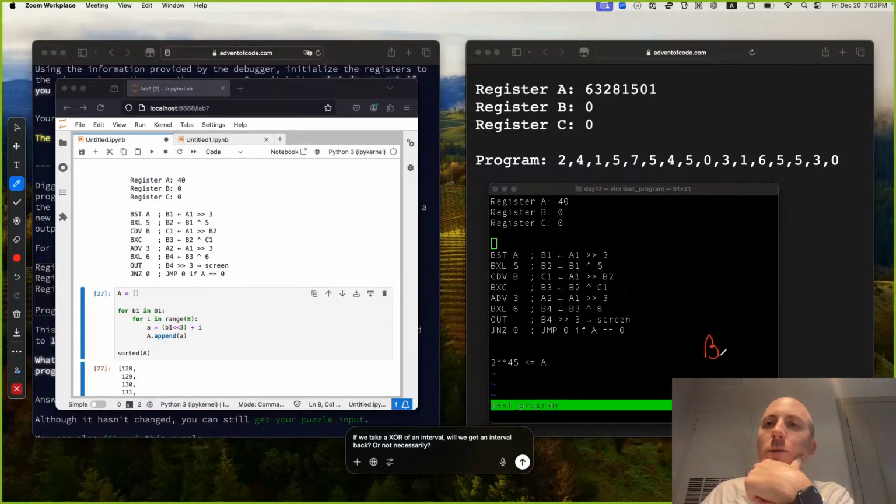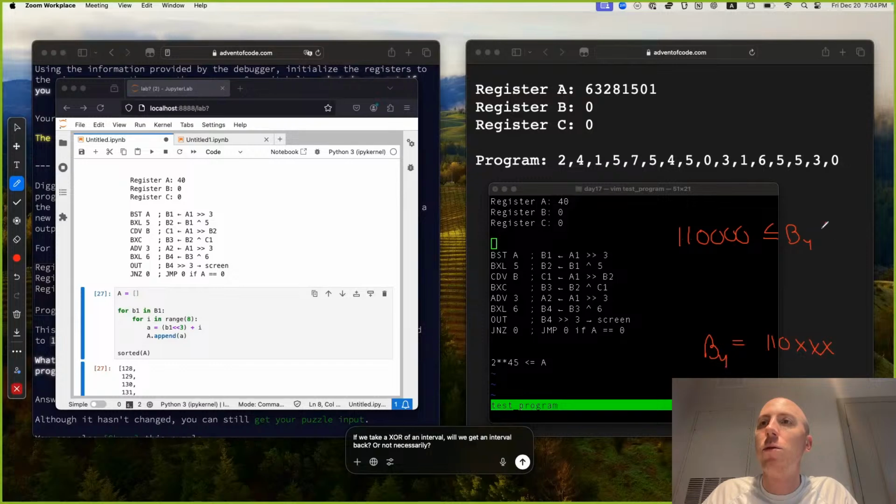So basically B4 has to be of this form: 1 1 0 and then XXX. So by a similar argument, it has to be in the range 1 1 0 0 0 to 1 1 0 1 1 1.